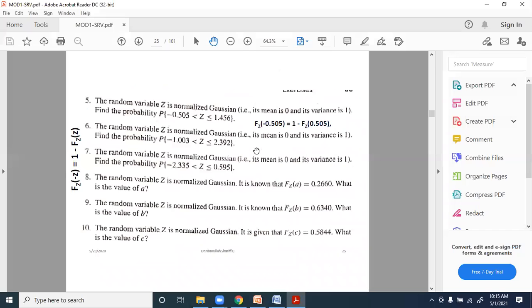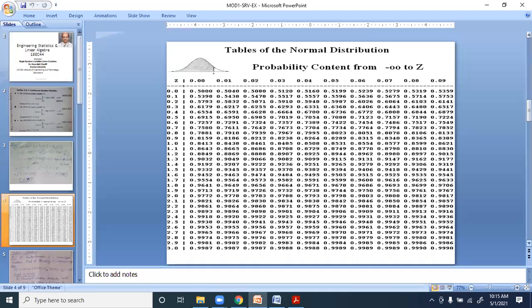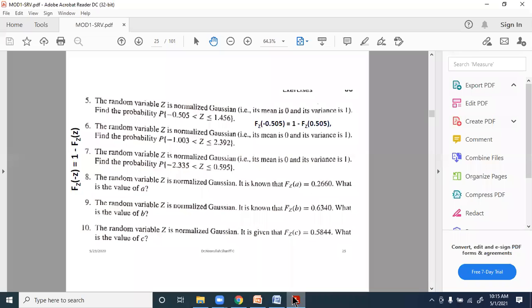Okay, so let me show you from this table, right? We are talking about this problem, 2.392.